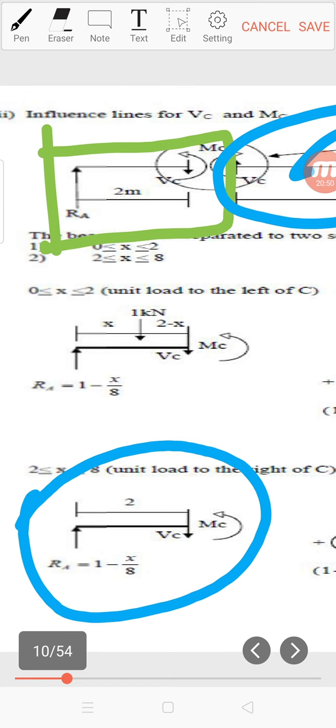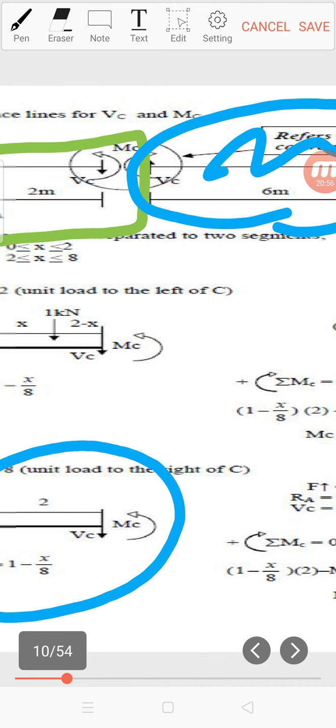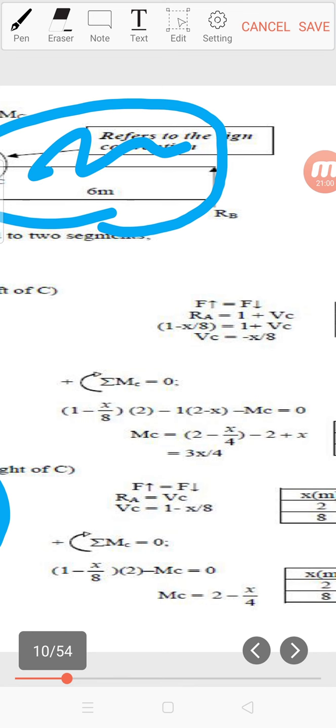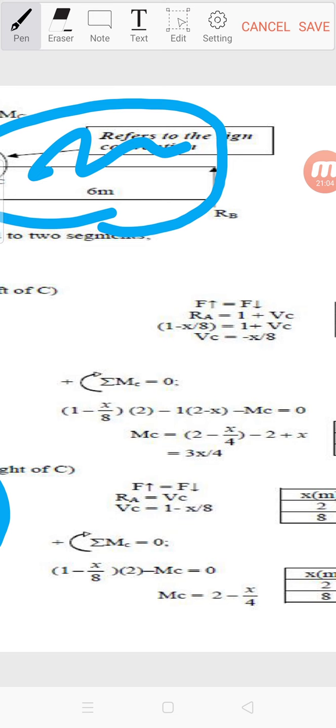RA upward is equal to total force downward, which is 1 kilonewton plus VC. We have 1 plus VC equal to RA. RA is 1 minus x over 8, so it is equal to 1 plus VC. From this we get VC equal to negative x over 8.